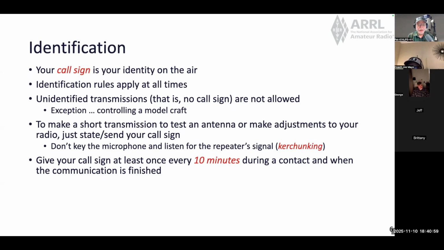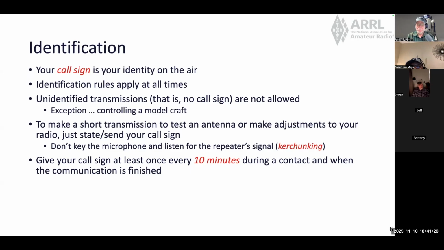Now, as far as identifying every 10 minutes, if you go over a minute or two, the FCC is not going to storm your house and take away your radio equipment, but it's just good practice to try to stay within that 10-minute limit. There are even some clocks that you can buy through GigaParts and some other ham radio dealers that are kind of like a chess clock.